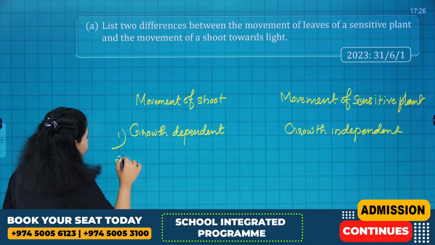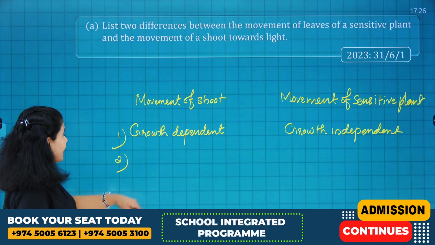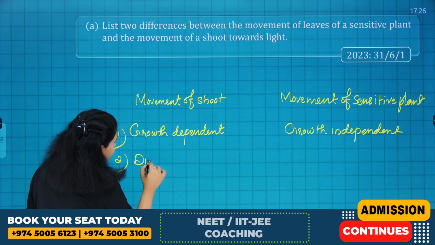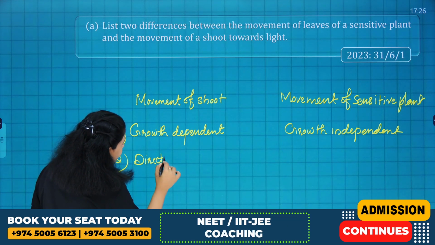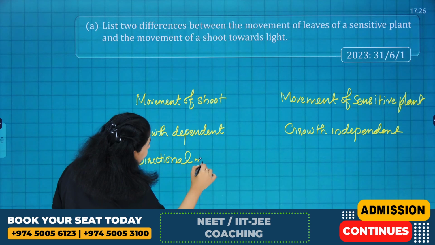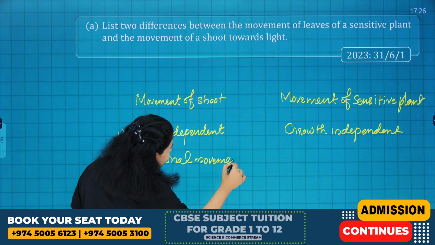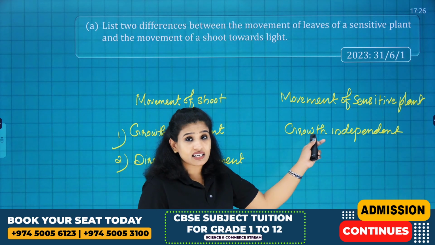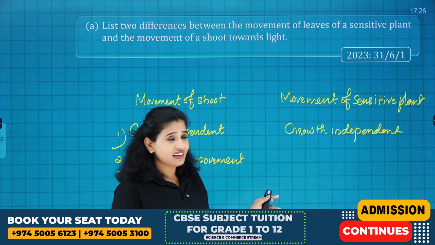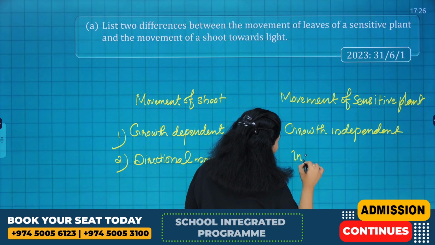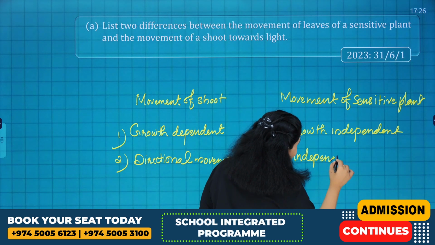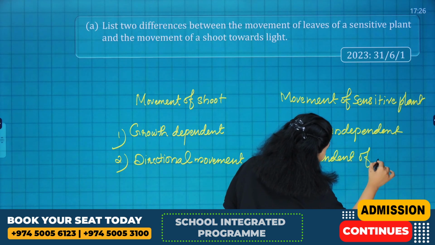Second thing you can write, it is a directional movement. And here you can write there is no direction. It is independent of direction.